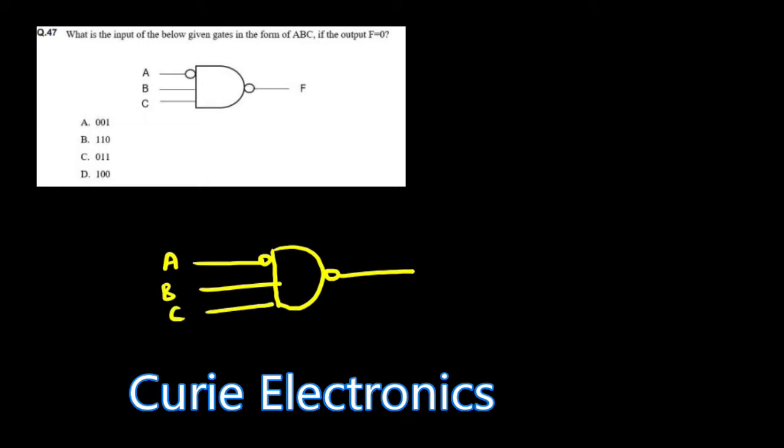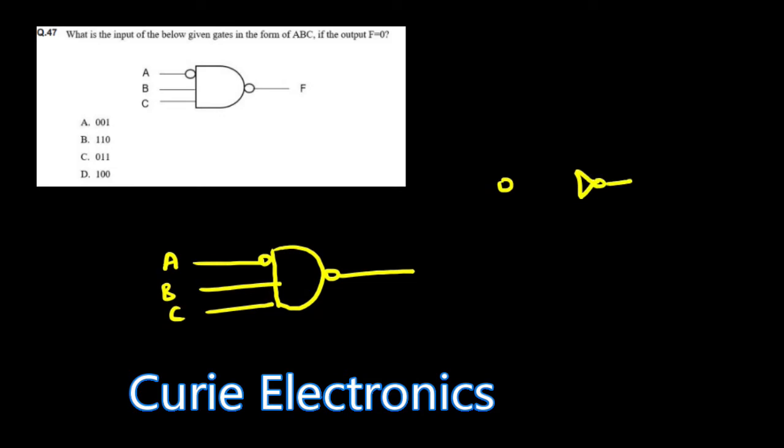Next, what is the input of the below given gate in the form of ABC? So here for A there is a bubble, then B, C. The bubble means it's a NOT gate.